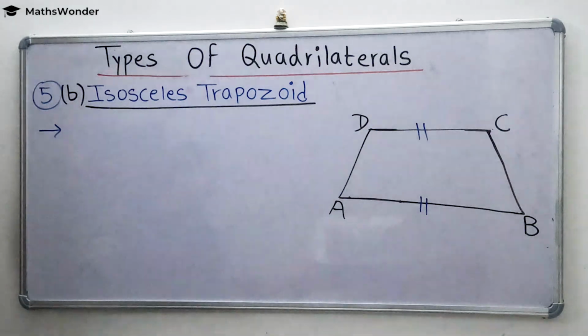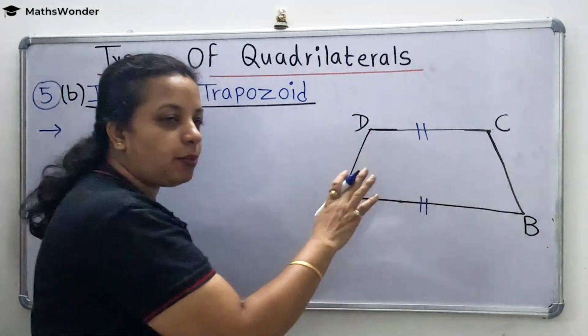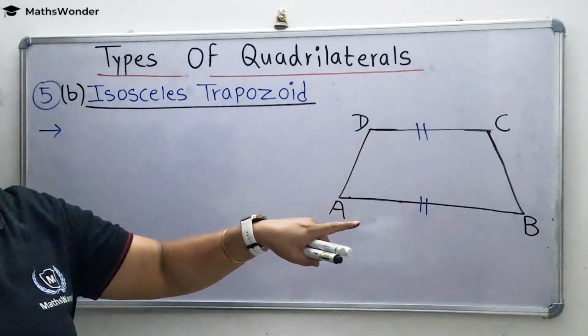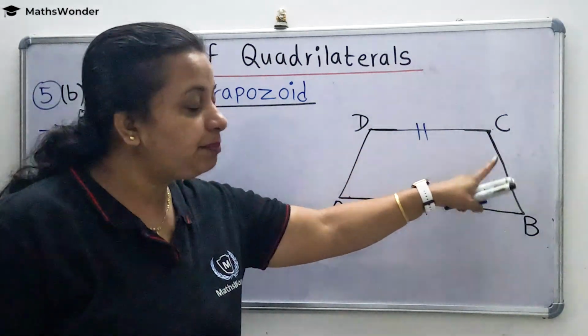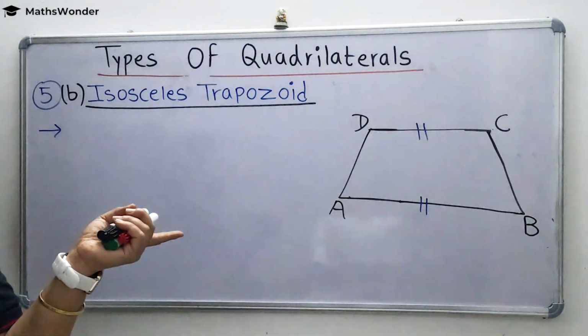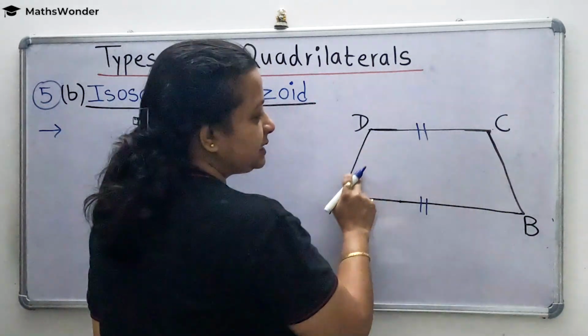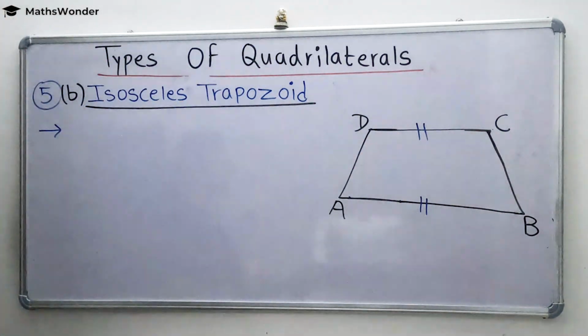A trapezoid is said to be an isosceles trapezoid if its non-parallel sides are equal. So one pair of opposite sides are parallel, and the non-parallel sides are equal in length. So these two sides are equal in length, and these two opposite sides are parallel.